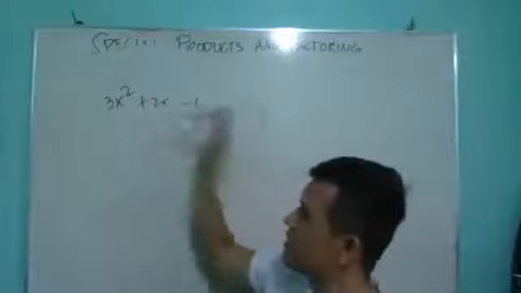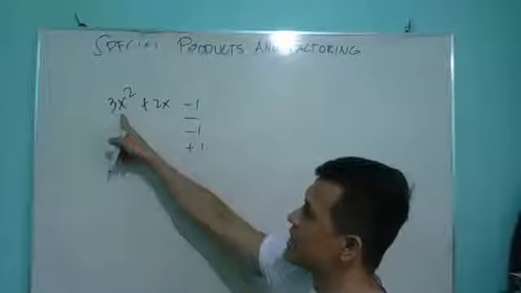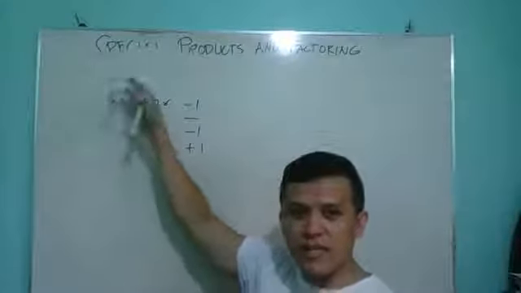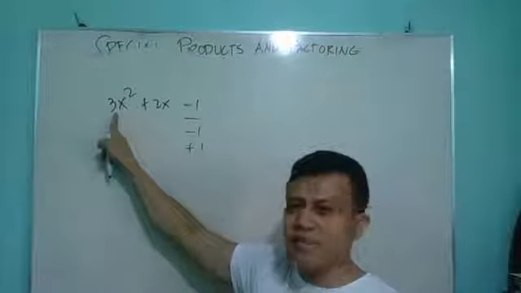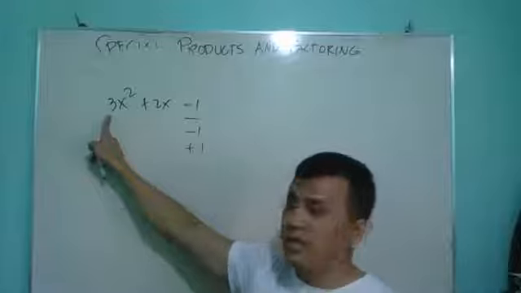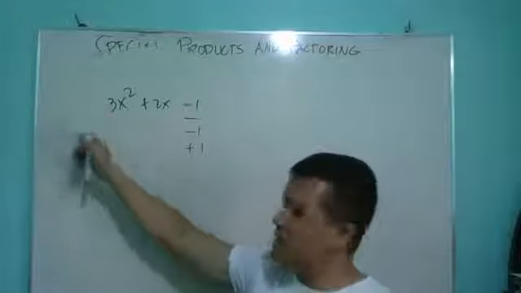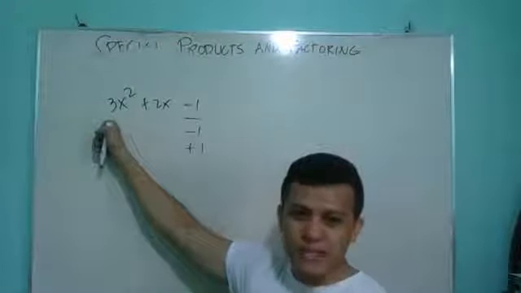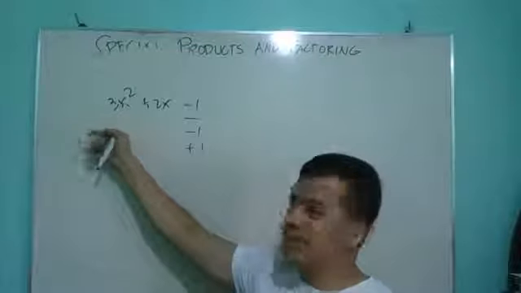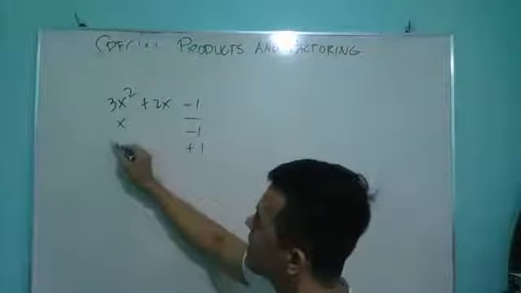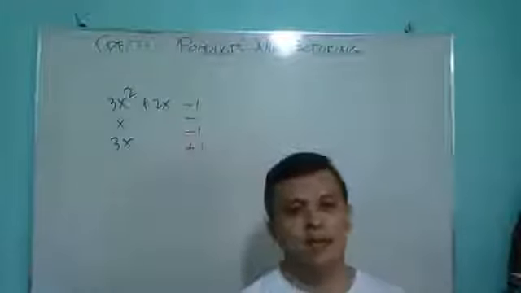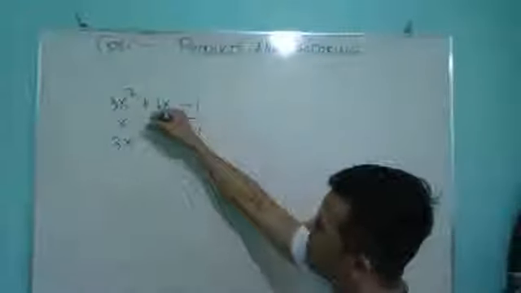But in this case, earlier my examples had only a leading coefficient of 1 for the x squared part, other than 2, 3, 4, 5. But here we have a coefficient other than 1. So we have 3x squared, so we can have x and 3x like that. There you go. Now, let's try.